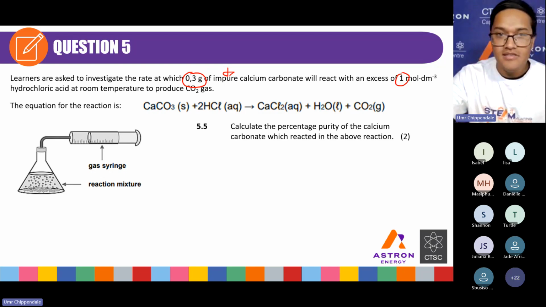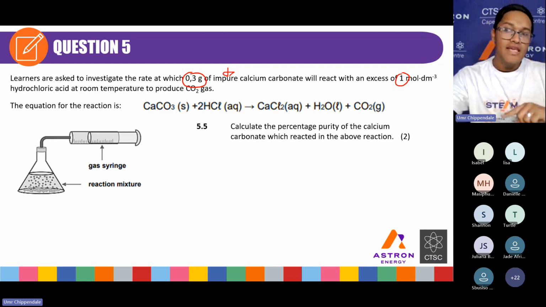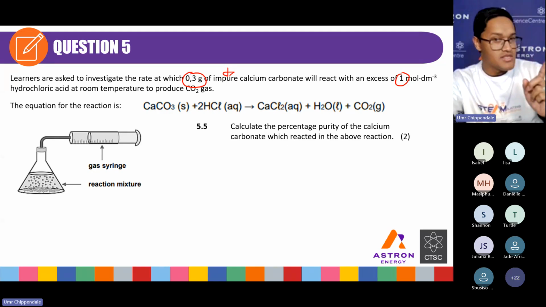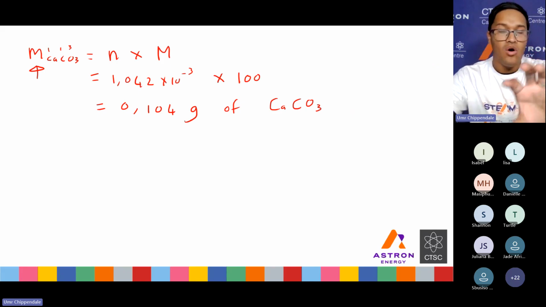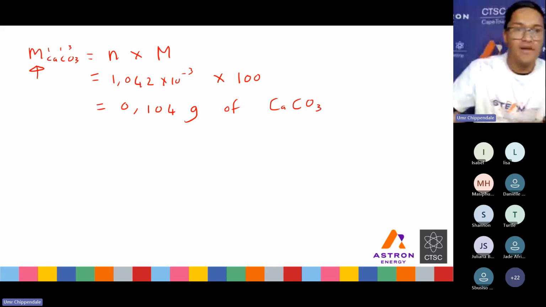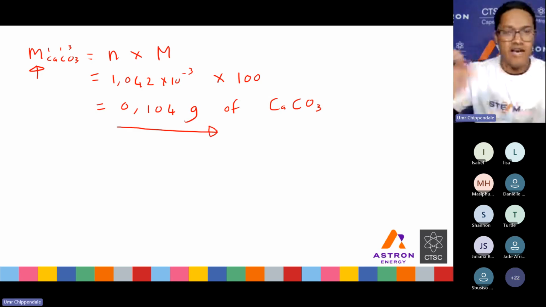As you can see, this is 5.5, which means we can use the answers that were dealt with in previous questions. So in the previous one, we saw that the mass of our calcium carbonate was 0.104 grams, right? That's just me underlining that part over there.